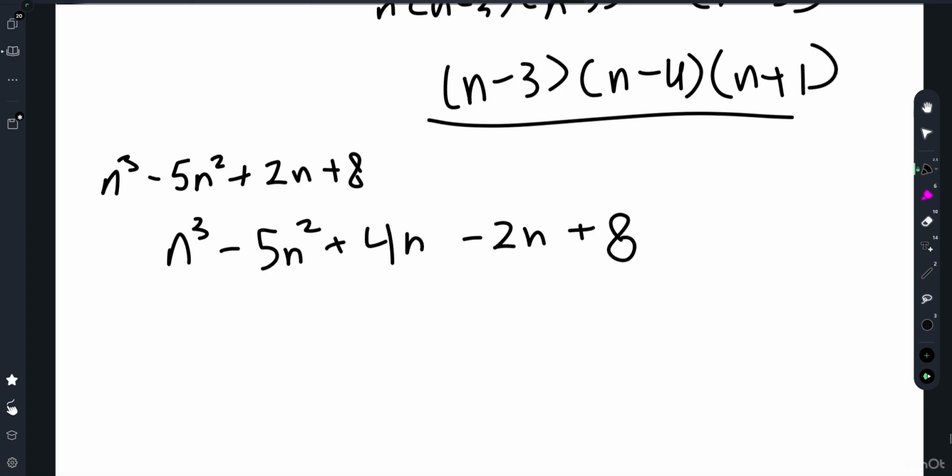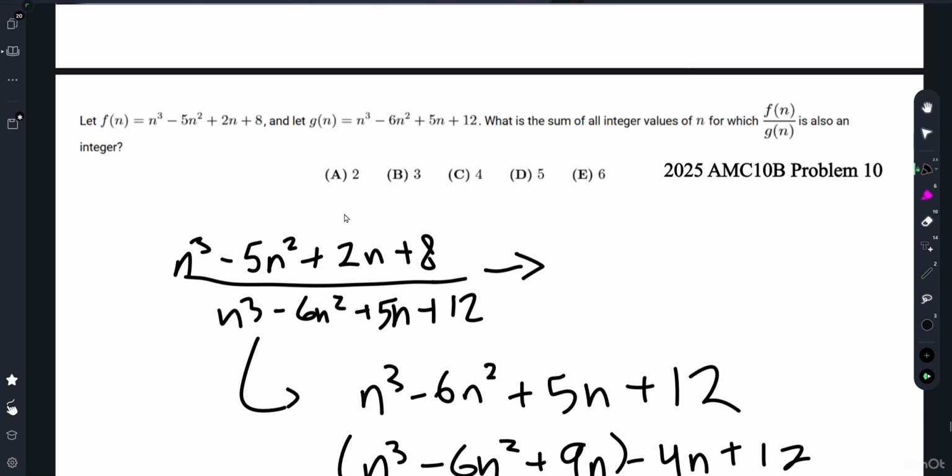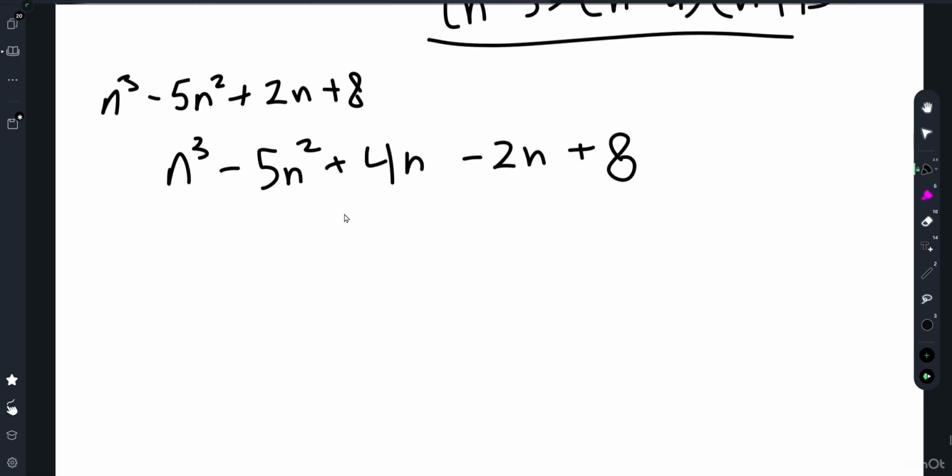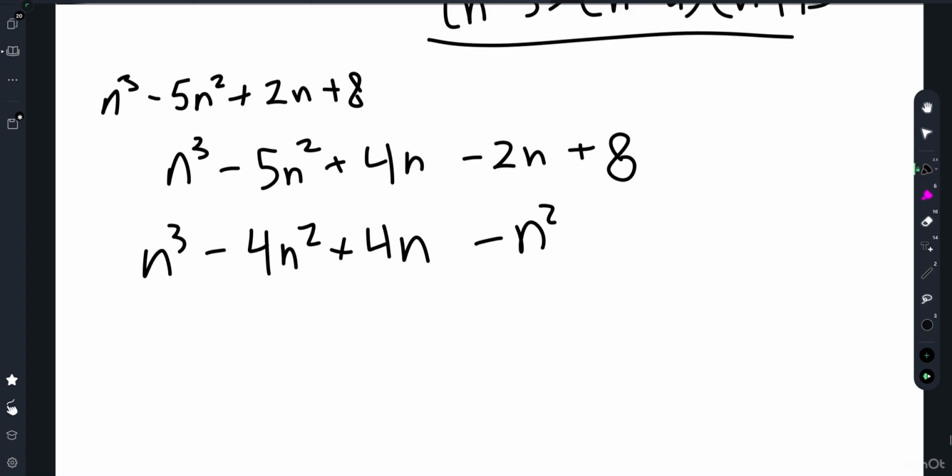So that's what we have for the value on top. Well, now we want to find it so it has some of the same values. We could also take this to get n cubed minus 4n squared plus 4n minus n squared minus 2n plus 8.